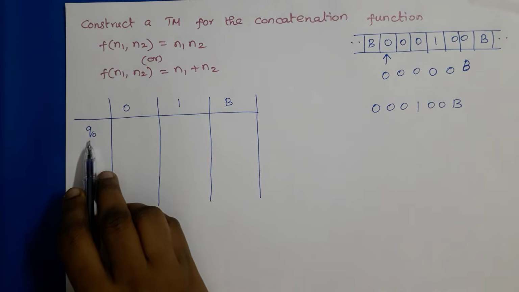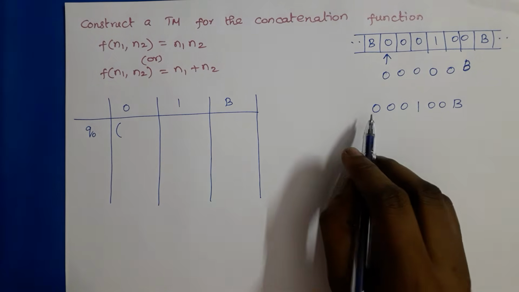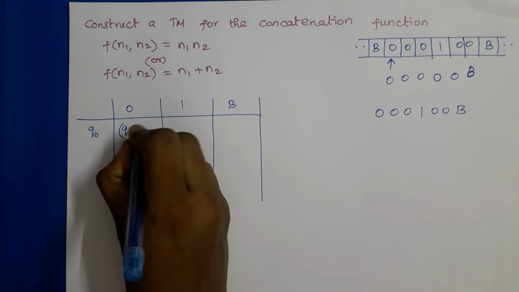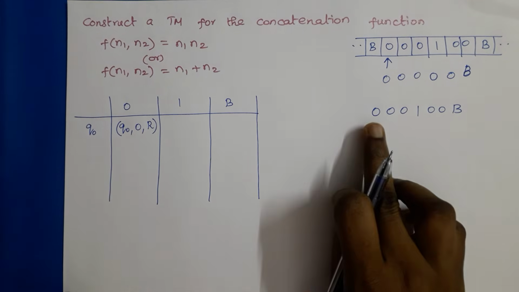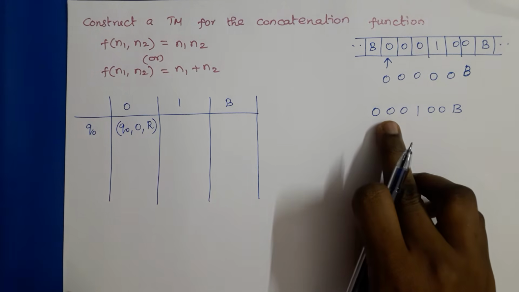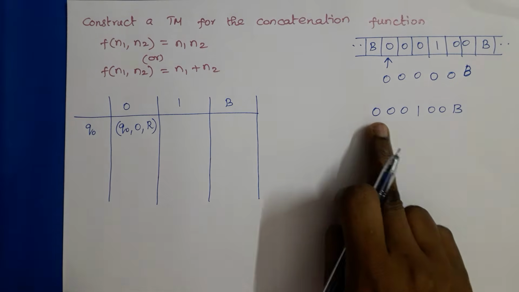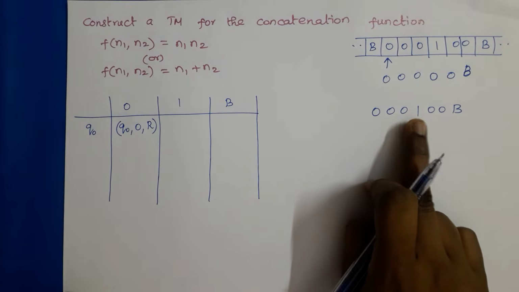If we are in state Q0 and 0 is the tape symbol, then there is no change in state and no change in tape symbol, just perform a right move. So Q0 on 0 remains Q0, 0 remains 0, and the move is right. Again we have another 0, so this operation is repeatedly performed until we have seen 1.